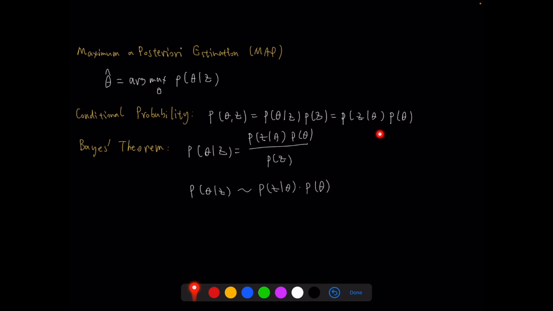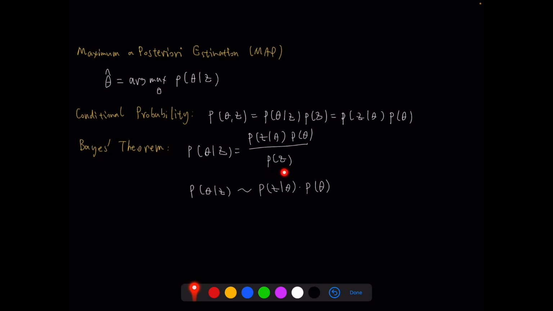Based on these conditional probability equations, we obtain Bayes' theorem. Basically, we just put p(z) on the other side of the equation. So Bayes' theorem is used for maximum a posteriori estimation.